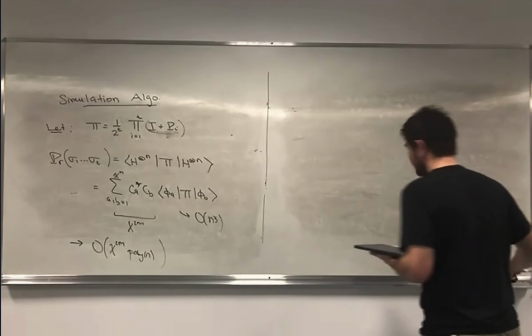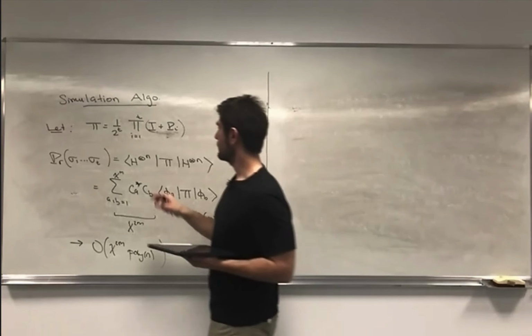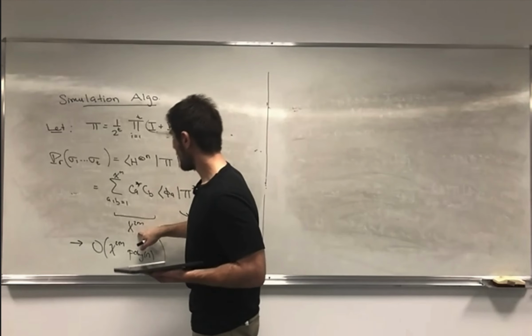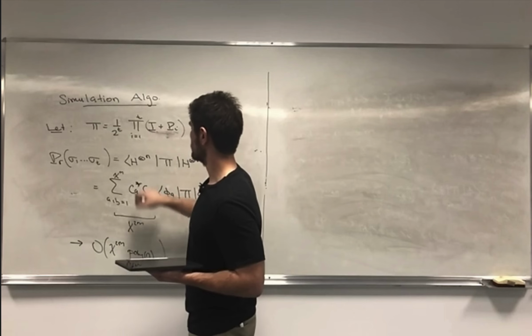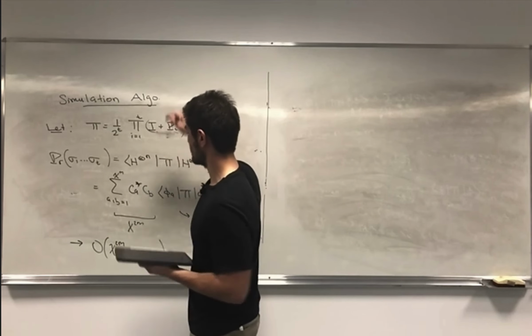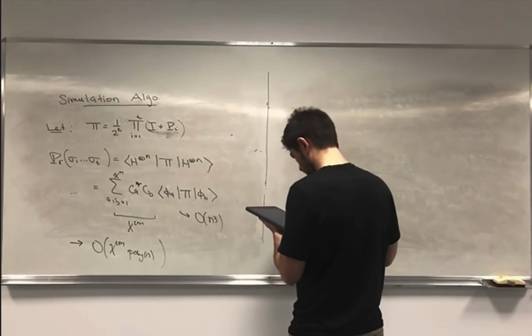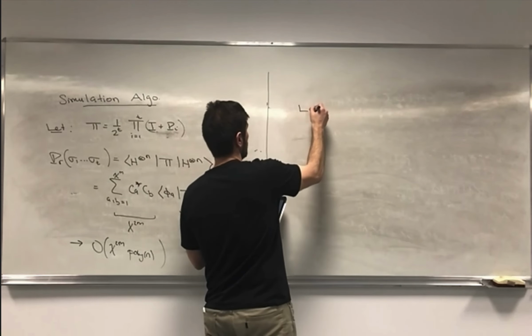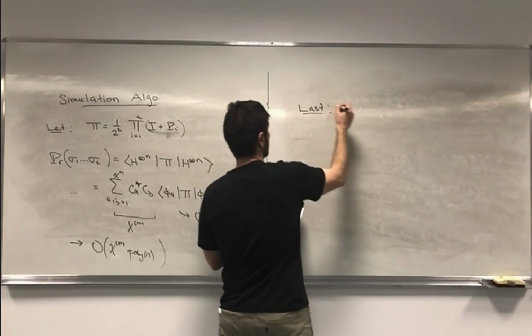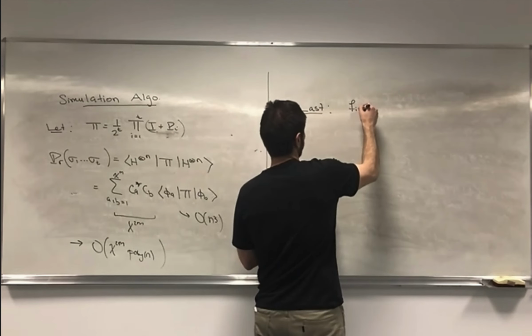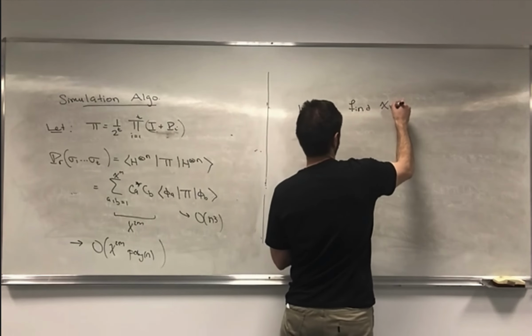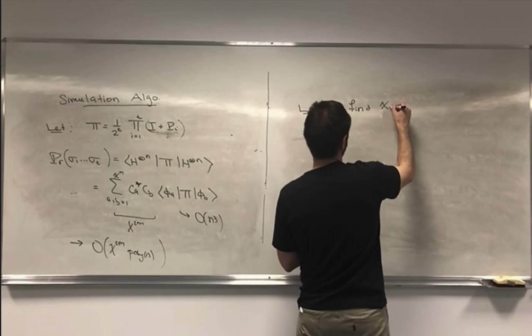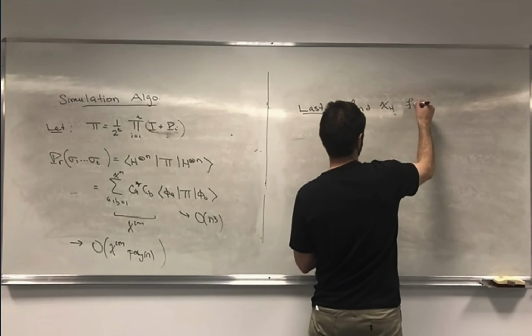You actually have to go ahead and compute the stabilizer rank chi for some initial chi to the k. So now the last part of this, find chi_k for some k.